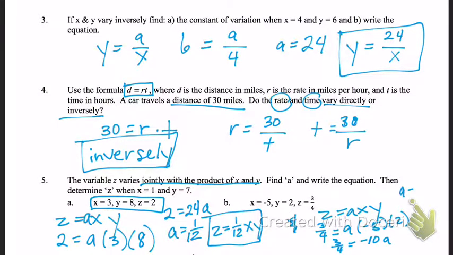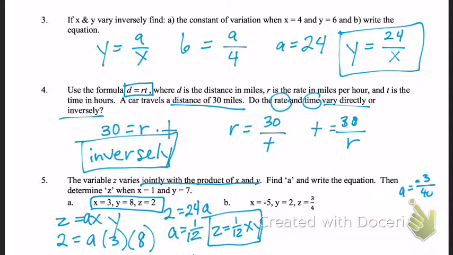So A equals -3 over 40. That should be a -3. So my final answer, if I'm going to rewrite the equation, would be z equals -3 over 40 xy.